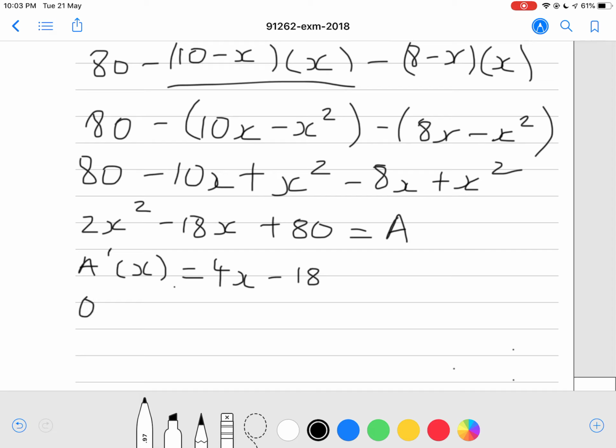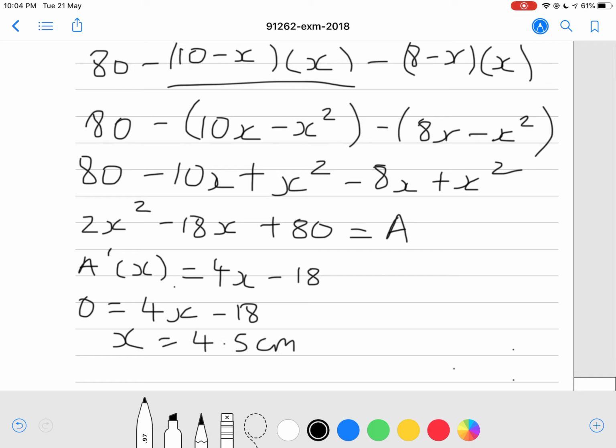So when we substitute the gradient equals 0, we can find the x value where the gradient equals 0. So we're going to say 4x minus 18 equals 0, and therefore x is equal to 4.5 centimeters.